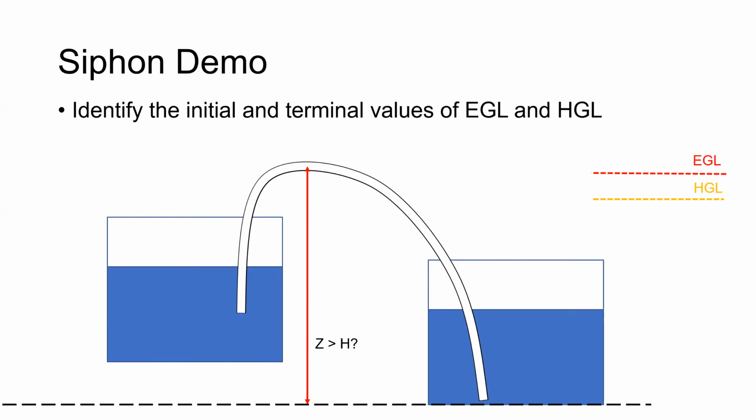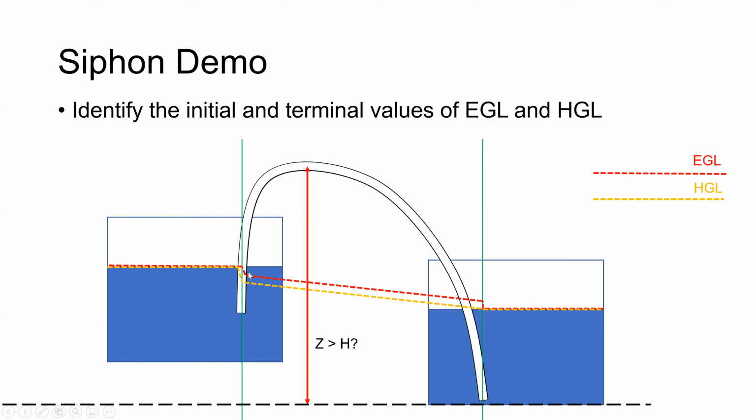But what is actually happening when Z, the elevation of the water, exceeds the total head in the system, right? Can we actually gain energy in the system? We're not adding energy to the system, right? We just got the flow started, but we know that energy is dropping out.